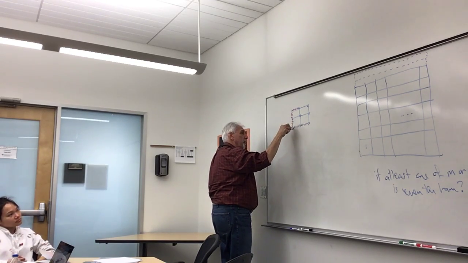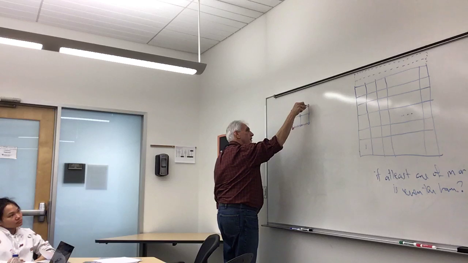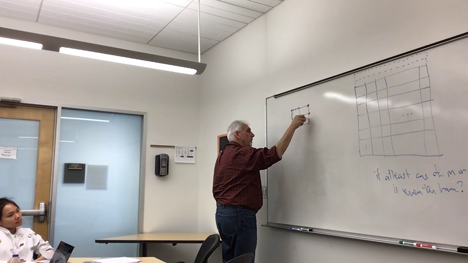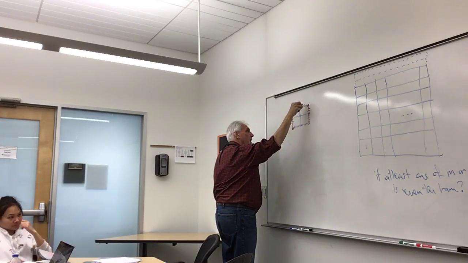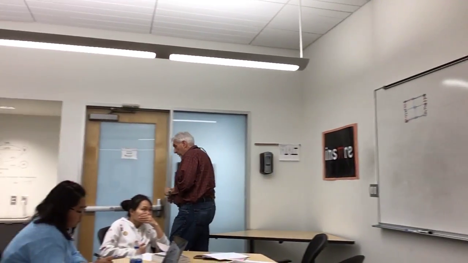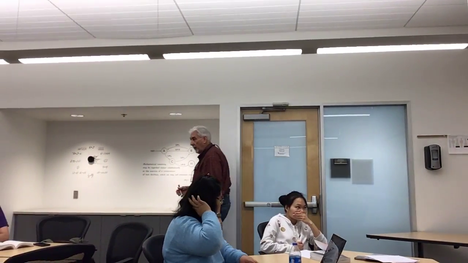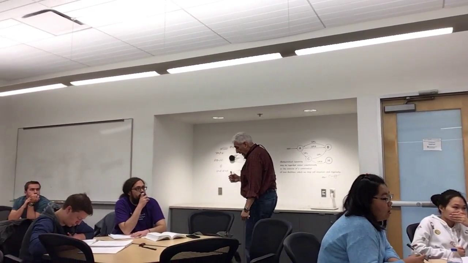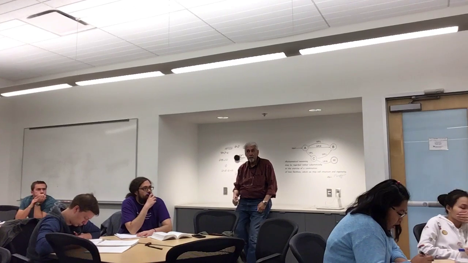Okay, and just to make sure, I'm looking at these vertices of degree 2. If I have to use those 8 edges, then in fact I can't find a Hamiltonian cycle. Is that clear?